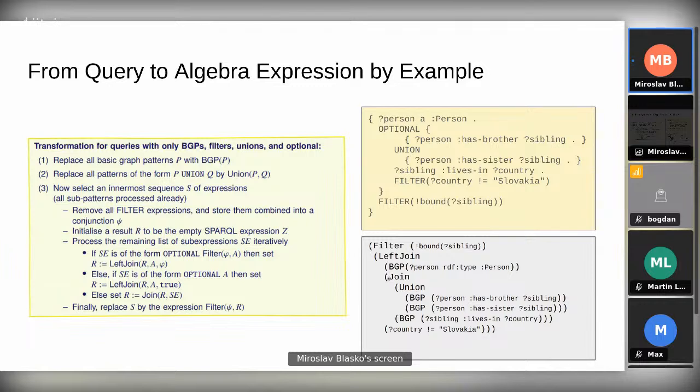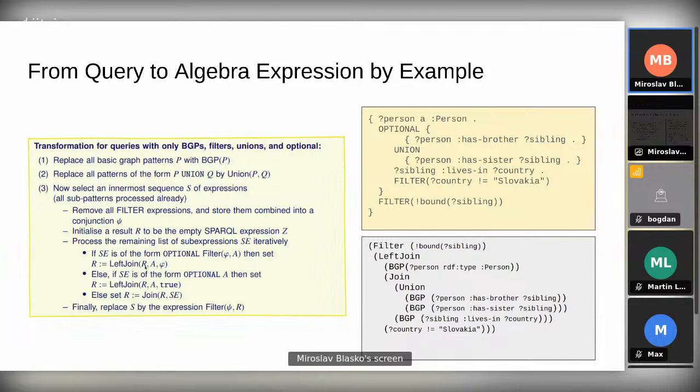Sorry, there is also this join. I forgot about join. Basic patterns are combined together through join. Also, you see here union, so you combine it through join, and then you left join person, what's inside of the optional, and you take those filters and you put them here.